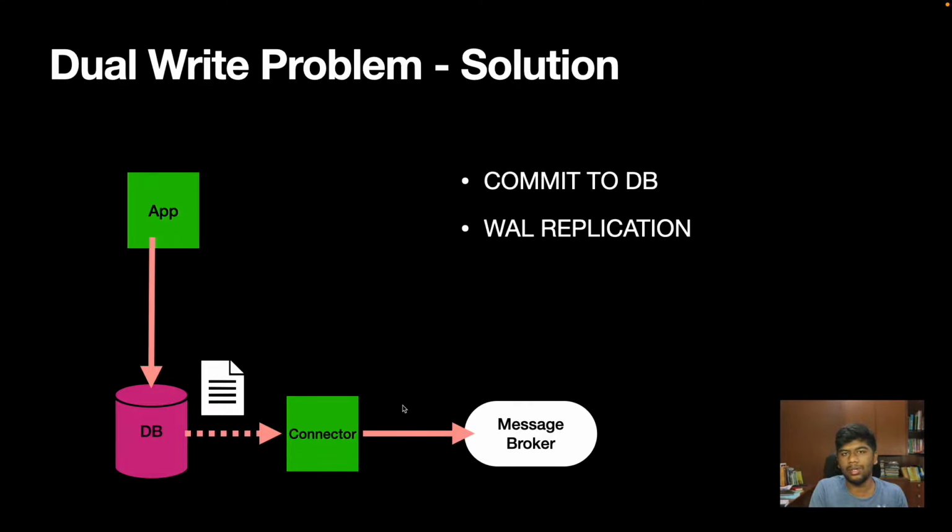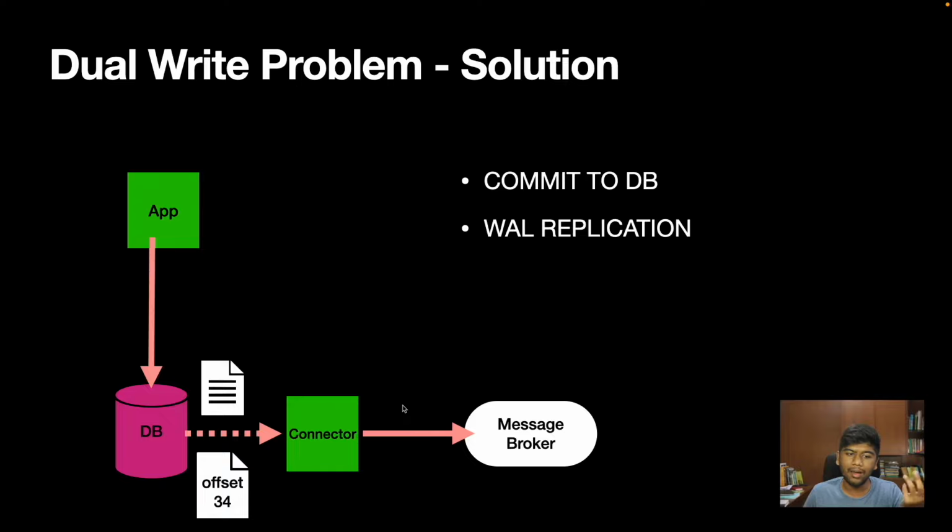Almost all databases have this, Postgres, MySQL, even MongoDB, and there are a lot of tools that are available to connect directly to databases and look at their write ahead logs and then push that to a message broker. So the advantage of this is, one, you don't need to make changes in your application. It can just run as it is. You don't need to touch the app. And two, these connectors are also not something that you have to build. There are amazing libraries like Debezium out there that do a wonderful job at doing this.